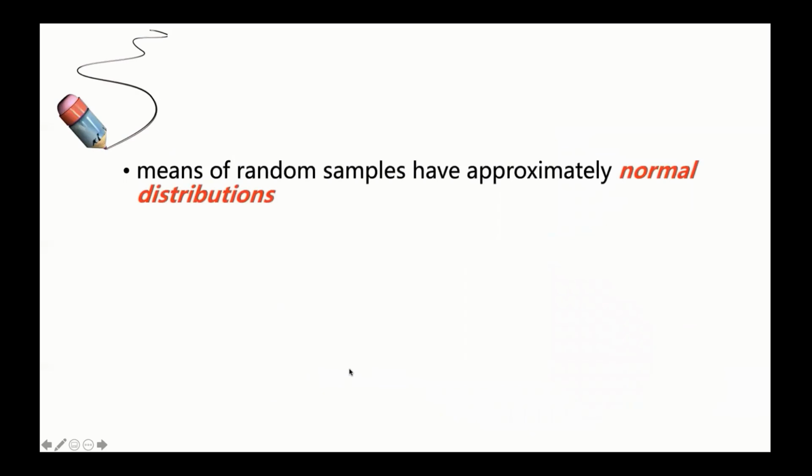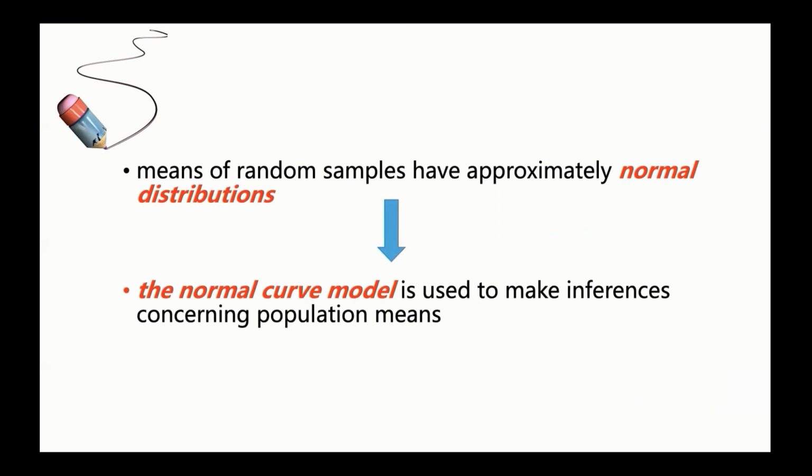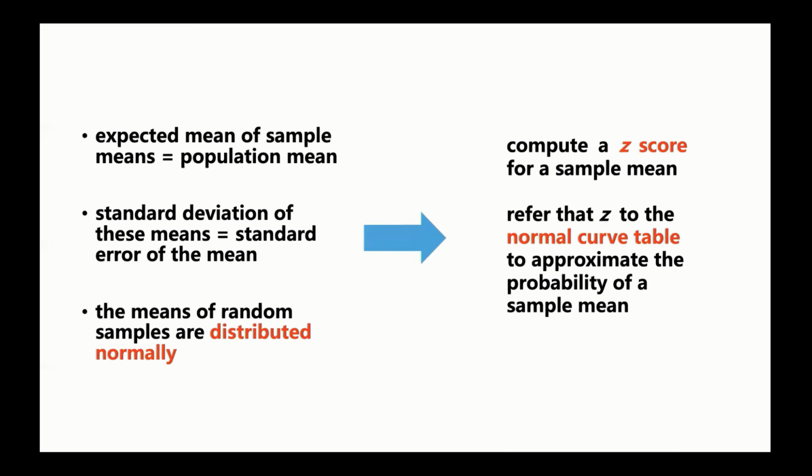So the means of random samples have an approximately normal distribution. The normal curve model is used to make inferences concerning population means. Given that the expected mean of the sample means equals the population mean, and the standard deviation of these means equals the standard error of the mean, and as means of random samples are distributed normally, we can compute a z-score for a sample mean and refer z to the normal curve table to approximate the probability of the sample mean.